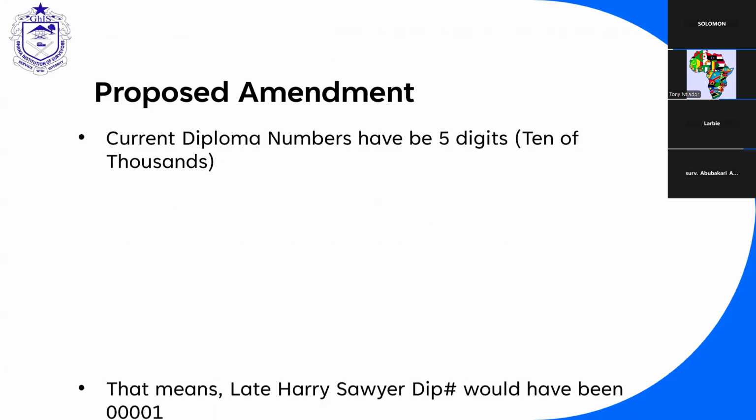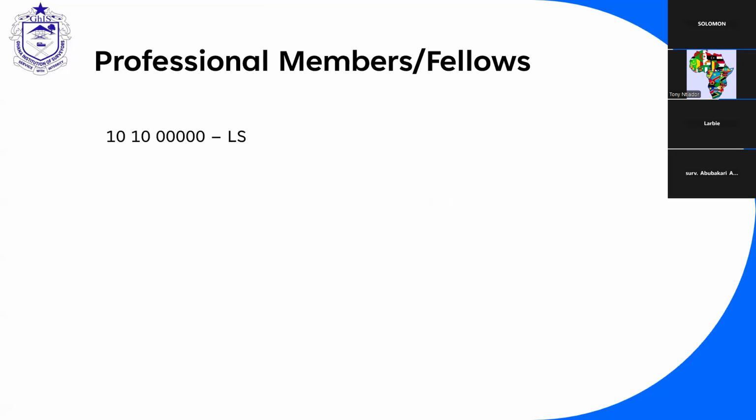And then do the same for the divisions: an LS with 10, a QS with 20, a VS with 30, and an associate with 40. So a professional LS number would become 1010, and then the current number, which is currently about 40.